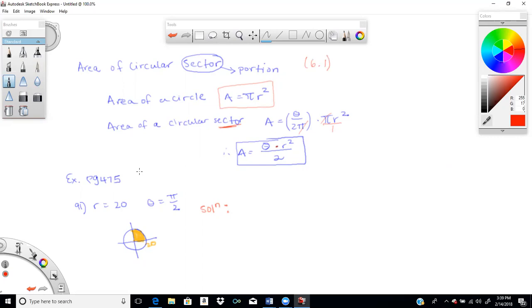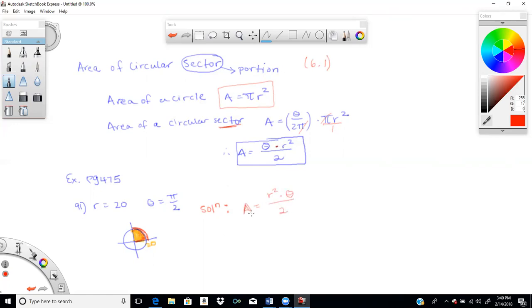So what I did was I drew a picture. The radius is 20, and the angle is pi over 2, so I shaded the first quadrant. We're going to use the formula. We know that A is equal to theta times r squared over 2.